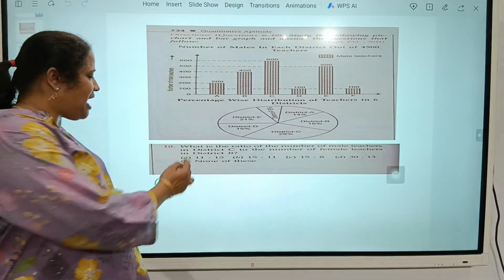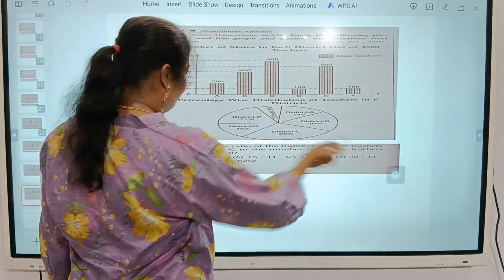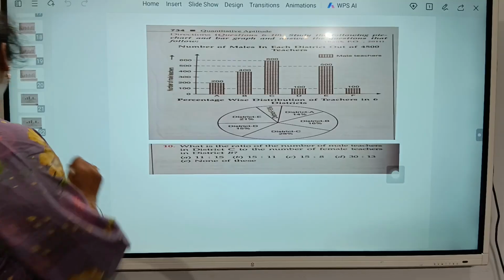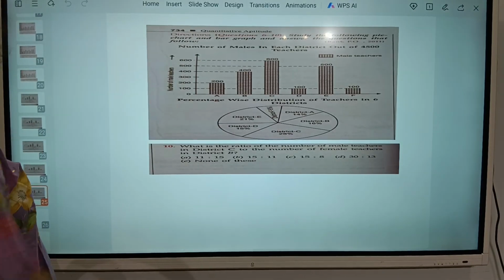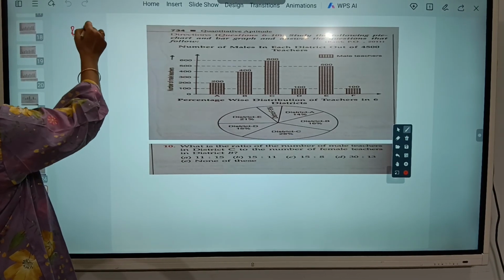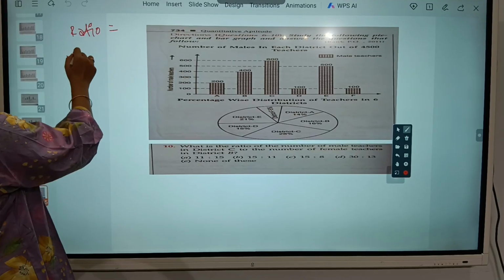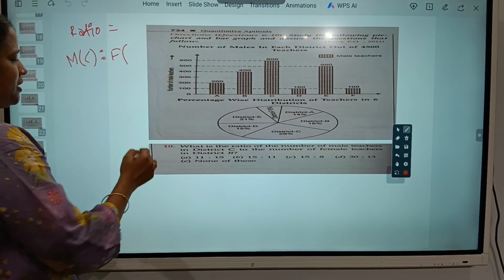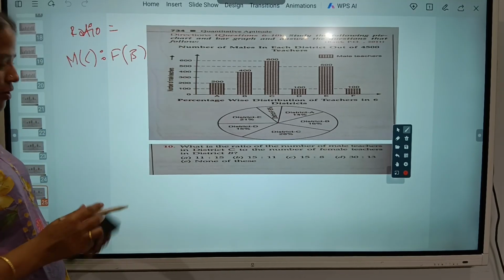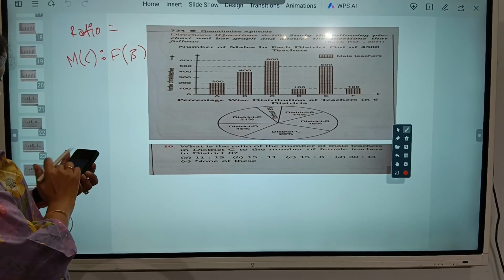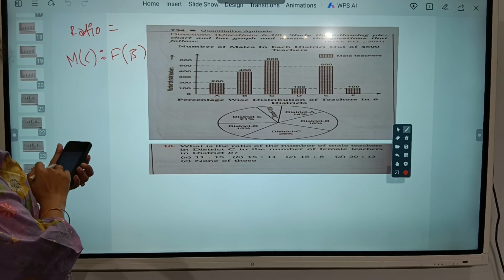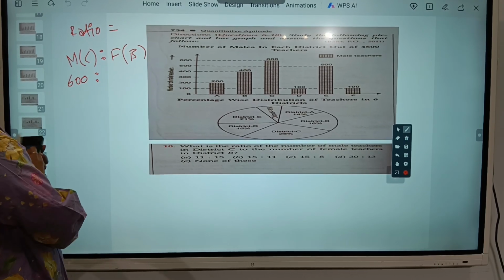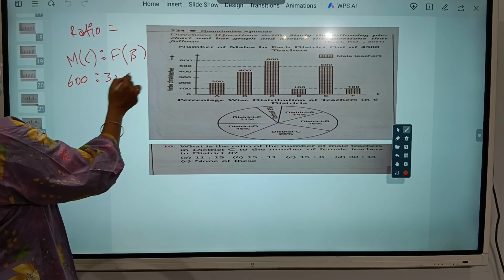The last question of this graph is, what is the ratio of the number of male teachers in district C to the number of female teachers in district B? Here we have to find the ratio of male teachers in district C to female teachers in district B. From the table, it is clearly seen that male teachers in district C is 600 and female teachers in district B is 320.